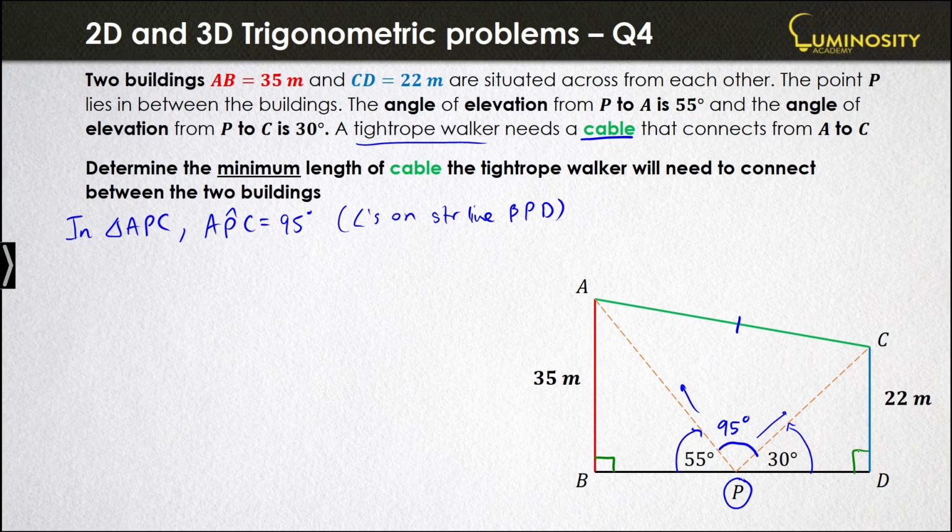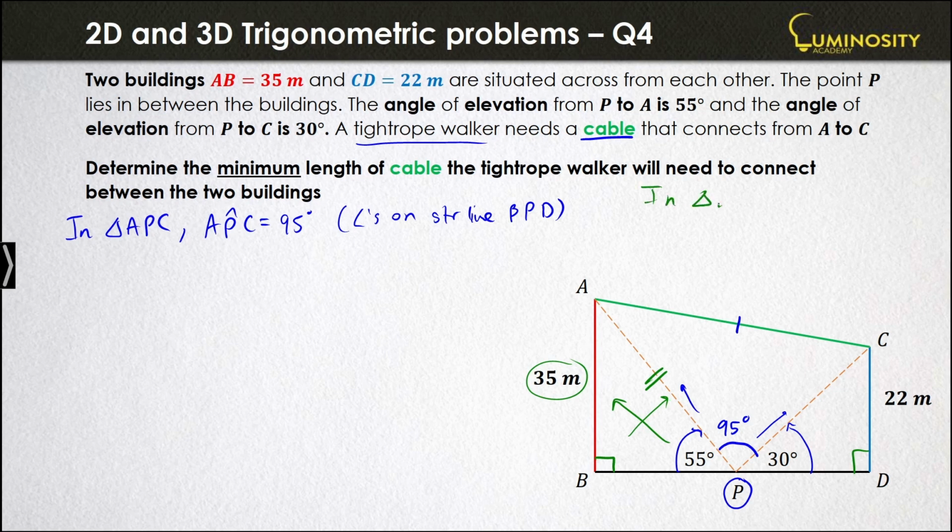So the length AP that I'm looking for here, I can use one of the trigonometric ratios to solve for AP. So I have an angle, a side opposite the angle, and I'm looking for the hypotenuse, essentially, of this triangle ABP.